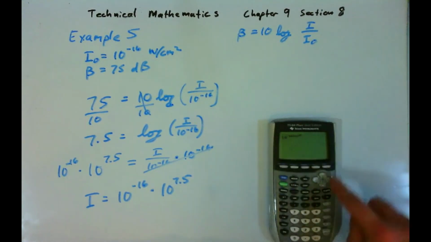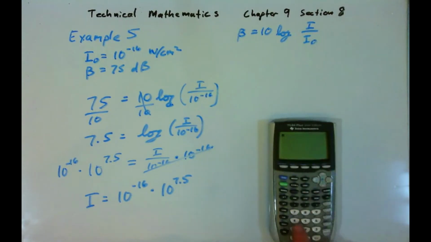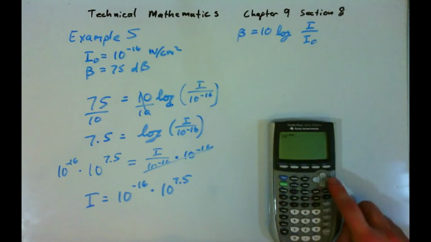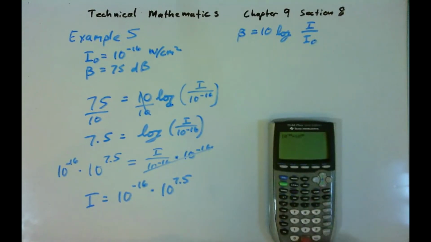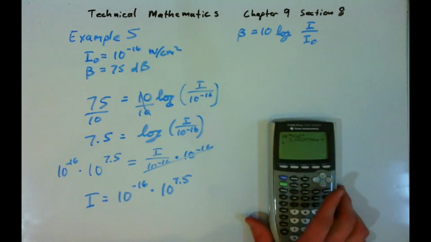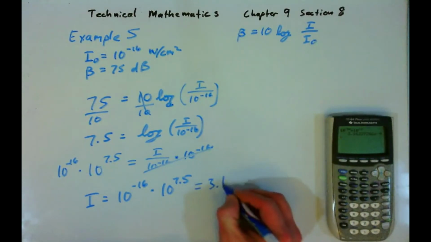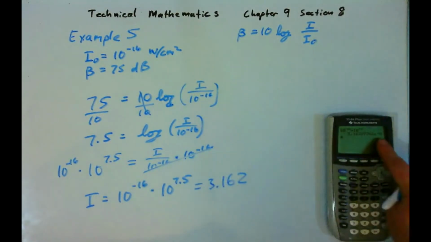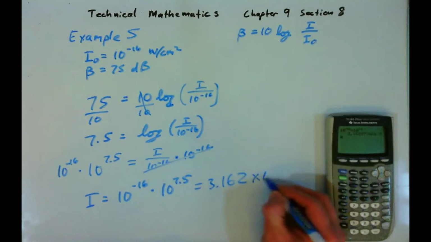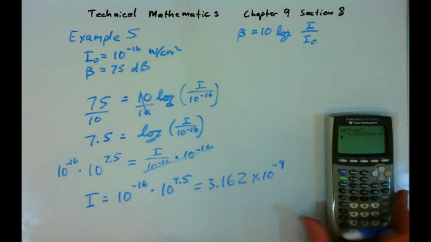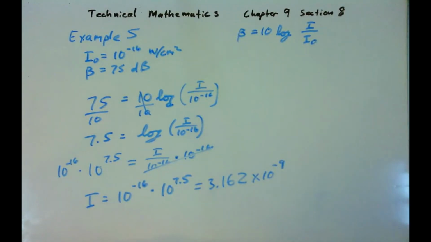My calculator, after I am finished typing in an exponent, I have to hit the right arrow to type in things that are not in the exponent anymore. So 10 to the negative 16th power, now I have to hit the right arrow, times 10 to the 7.5 power. And we get 3.162 times 10 to the negative 9th power.